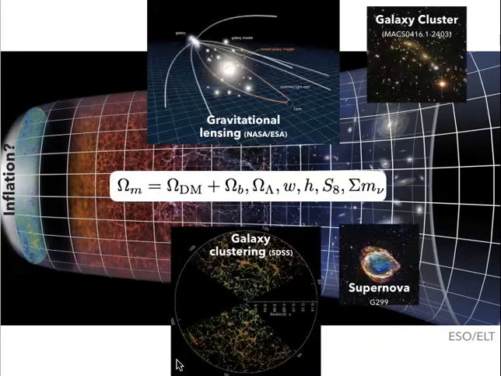So to trace this late time structure growth and expansion, we can use several probes. We can use galaxy clustering. We can also use type 1a supernova, galaxy clusters, or gravitational lensing. So for example, the light from the background galaxy will be distorted by the foreground gravitational potential well. This can cause an elongation of the galaxy image that we observe.